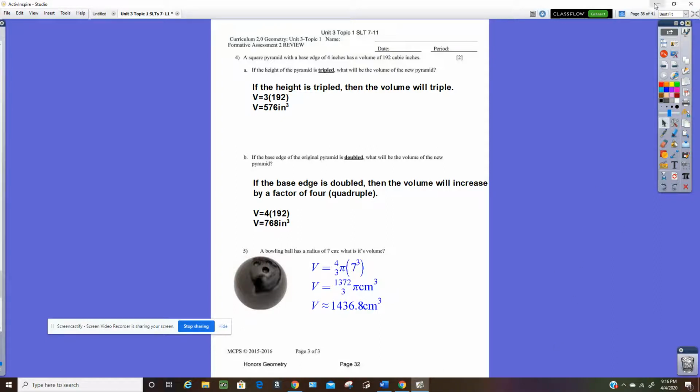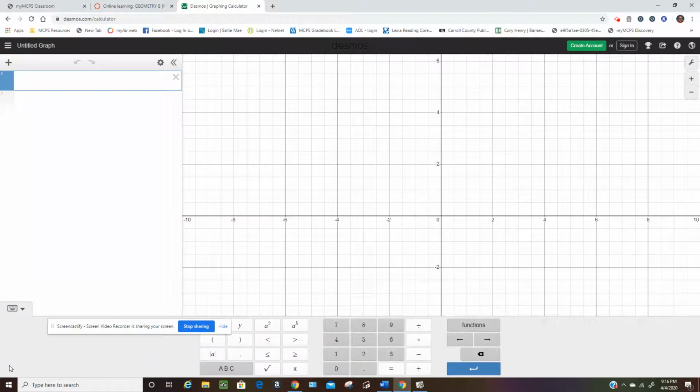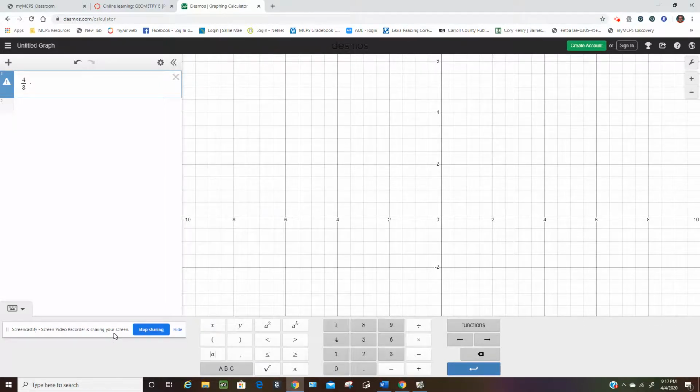So let's go back to the Desmos calculator for a second. So here it is. Here's the keyboard down here. What we want to do is if you hit the divide key, it gives you a fraction. So we want to put 4/3 as a fraction here. And then next to that, times pi.